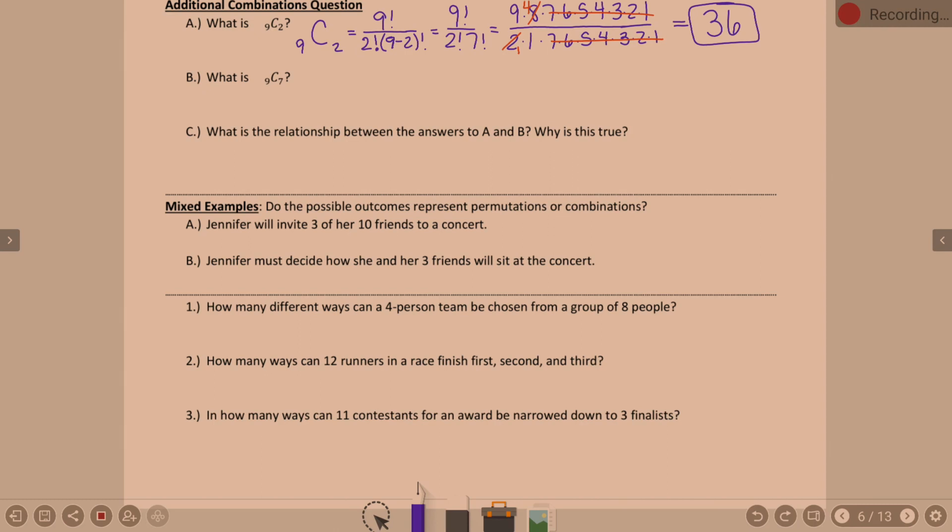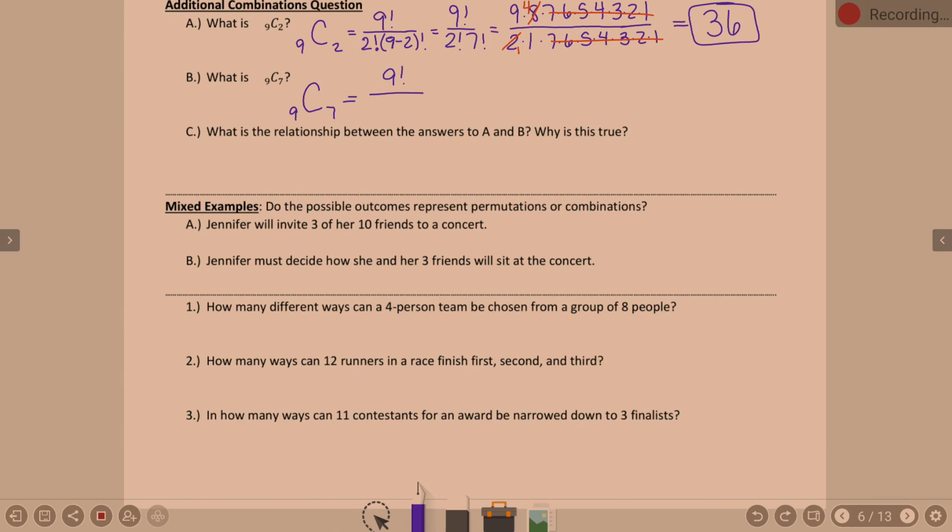Now, let's look at B. Okay. 9C7. So the combination now, it's 9 things, but chosen 7 at a time. Follow along. On top, n factorial is going to be 9 factorial.